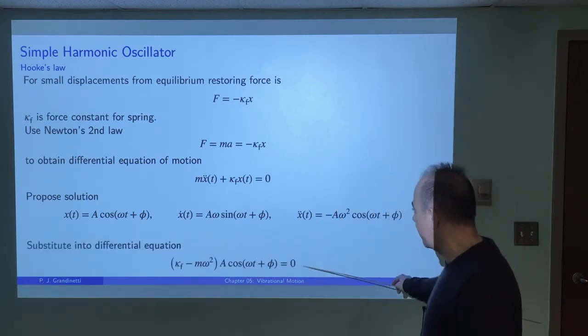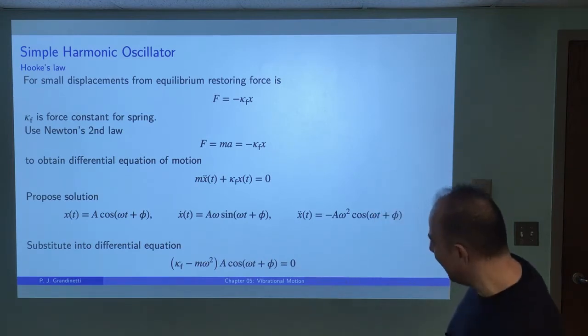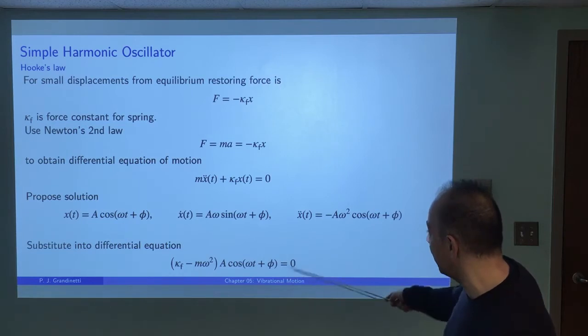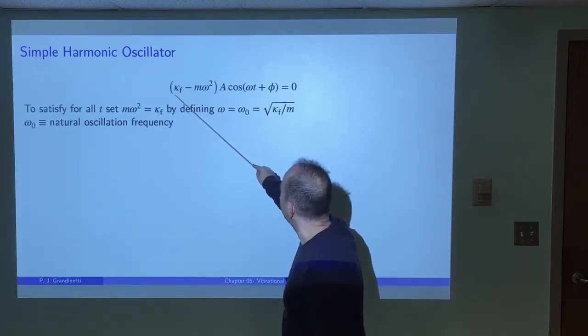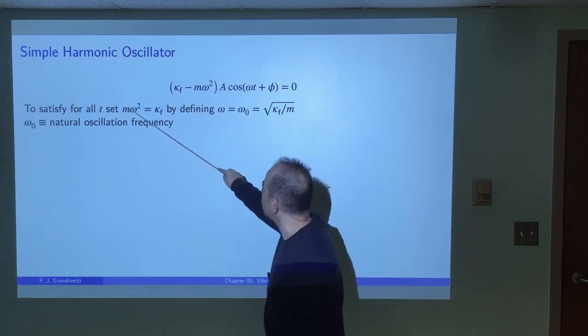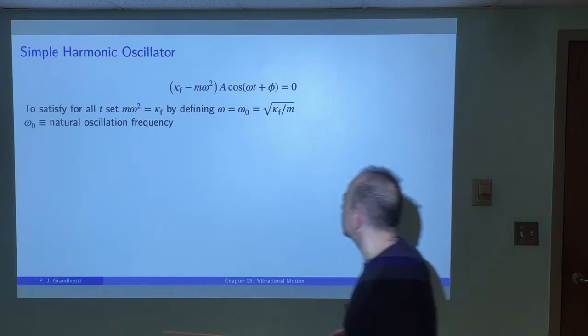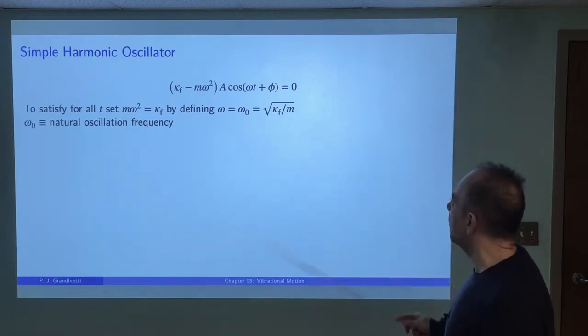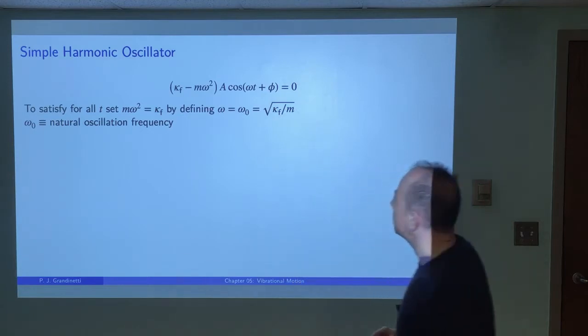So this is the equation we need to make sure has a proper solution. You can see right away there's an obvious solution here. If Kf, the force constant, is equal to mass times this angular velocity squared, then we have a solution where this is true at all times.